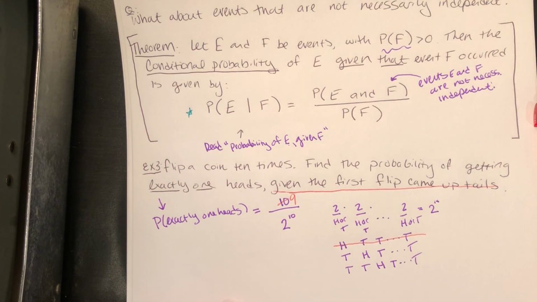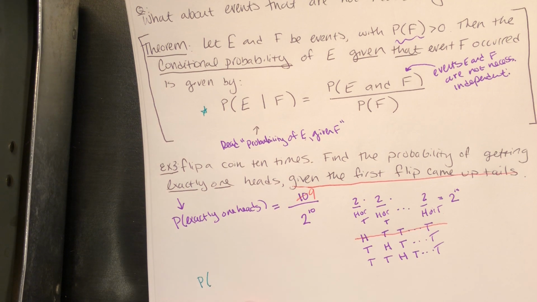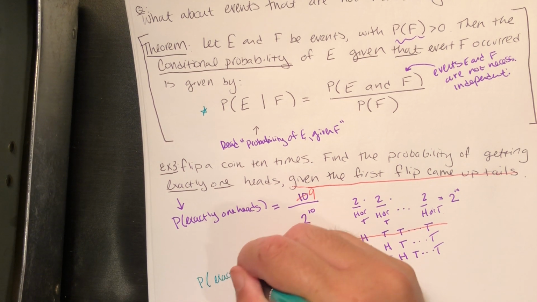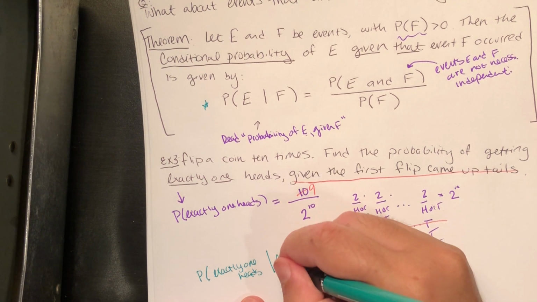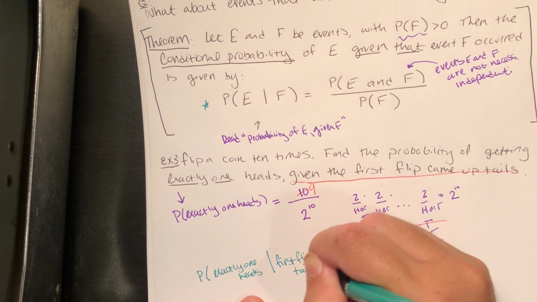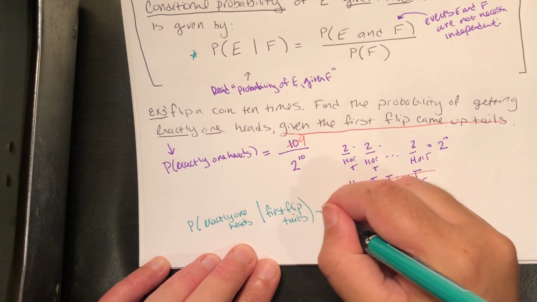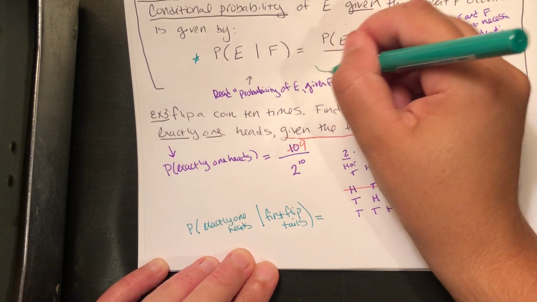The conditional probability tells us that the probability of getting exactly 1 heads, given that the first flip came out tails, should be equal to, running out of space here a little bit, should be equal to this.